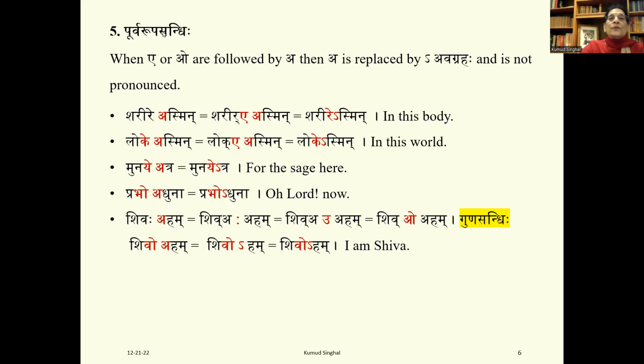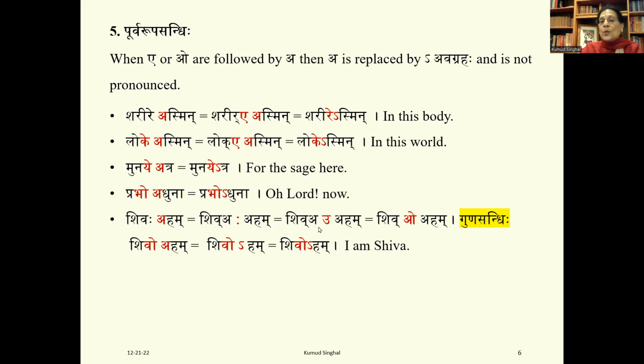Now this Purva Rupa Sandhi is also used in a Visarga Sandhi. I'm going to give you an example here. Shivaha aham, I am Shiva. So you have Shiva, a, visarga, aham. The visarga is preceded by a vowel a and followed by a vowel a. If this happens, then the Visarga Sandhi rule says that this visarga is replaced by u. We will discuss these rules when we talk about Visarga Sandhi. So now a is followed by u, so you will have a guna sandhi.